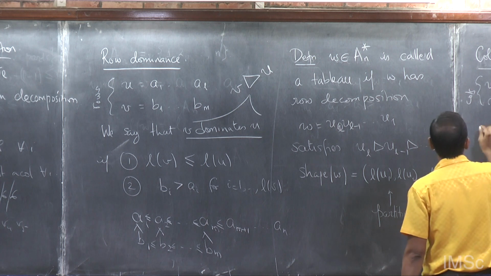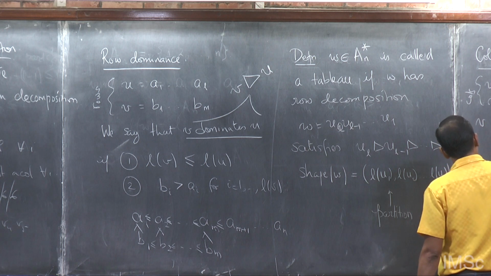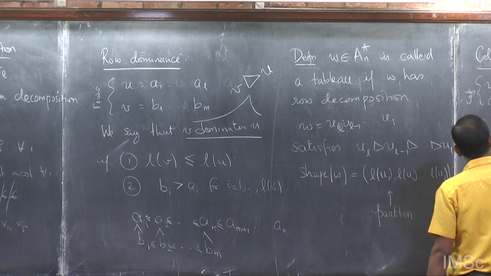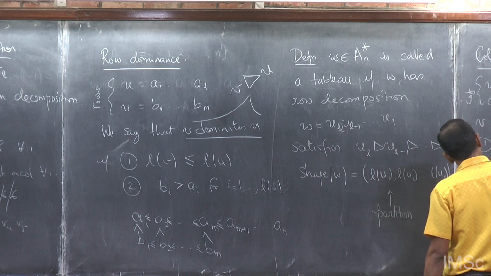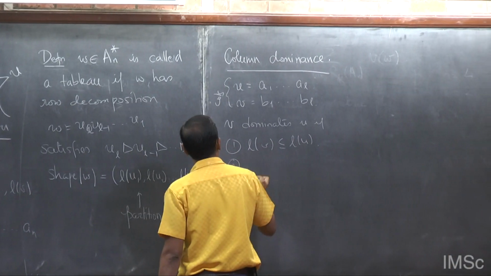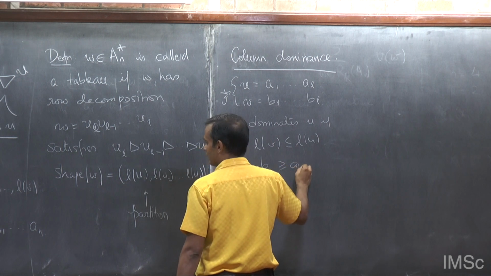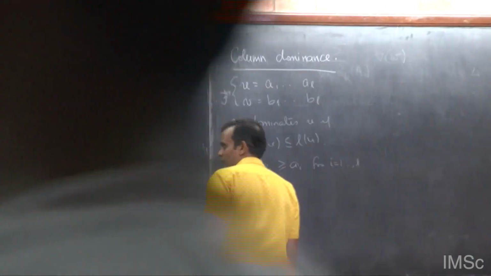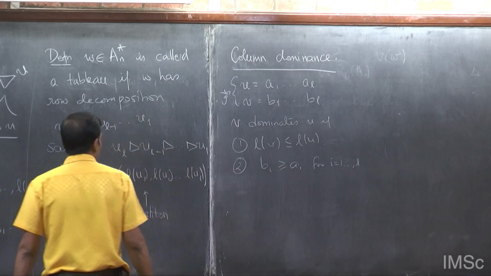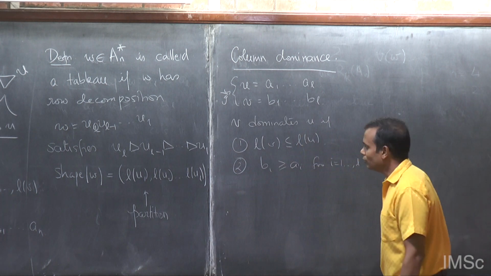We will say that V dominates U if the length of V is less than or equal to the length of U and bi, now I will just say it is greater than or equal to ai. And we say that W in A n star is a dual tableau.